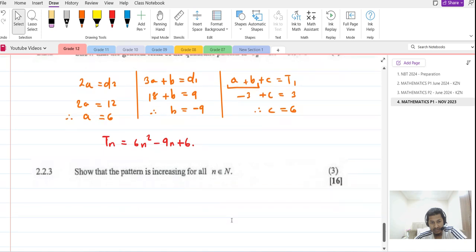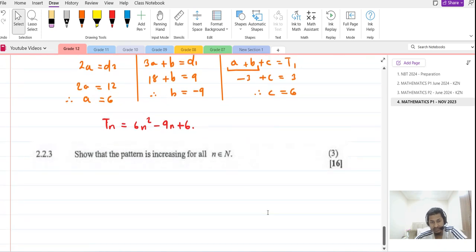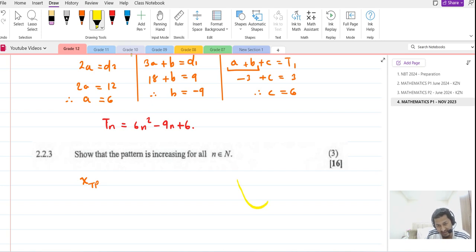For natural numbers. So to show that the pattern is increasing, we can find the x value of the turning point, x_tp. Why? Because this is a quadratic function. If you think about the quadratic function, that's a happy face, right? So if we can find the value there, we know when it is increasing. It's increasing for values greater than this.